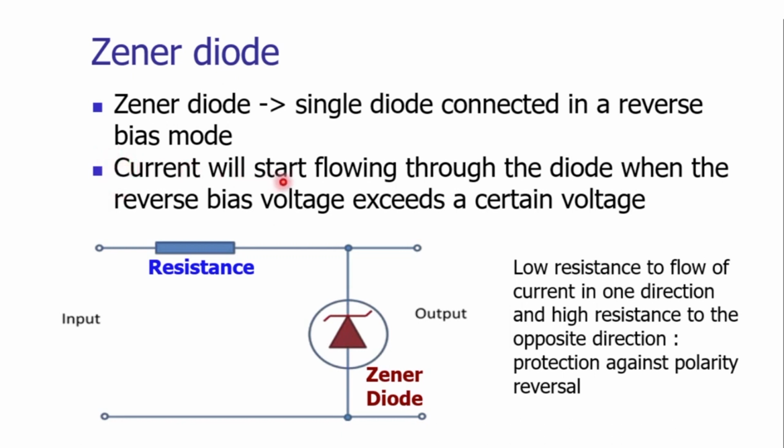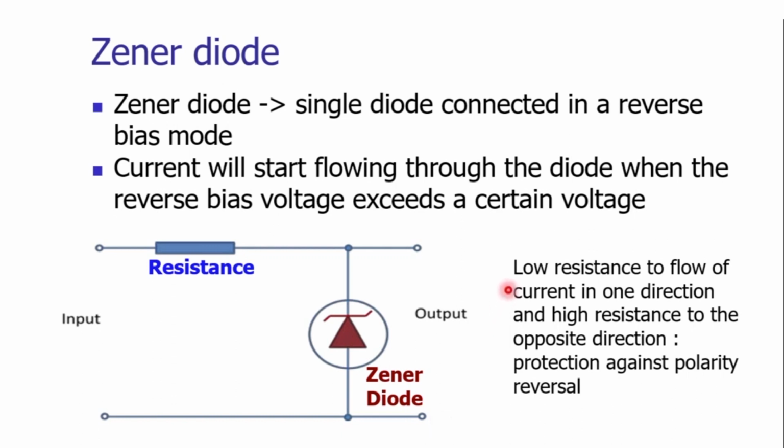The current will start flowing through the diode when the reverse bias voltage exceeds a certain voltage. When the input signals exceed the critical threshold voltage, then the current will start flowing through the Zener diode, and the connections at the output, that is the microprocessor, will be protected.